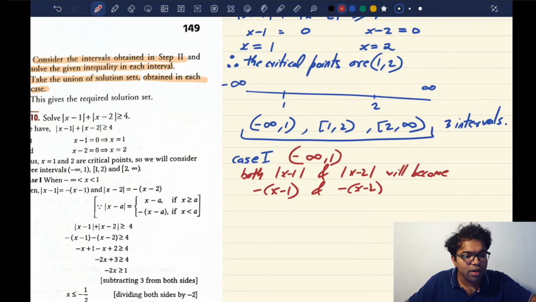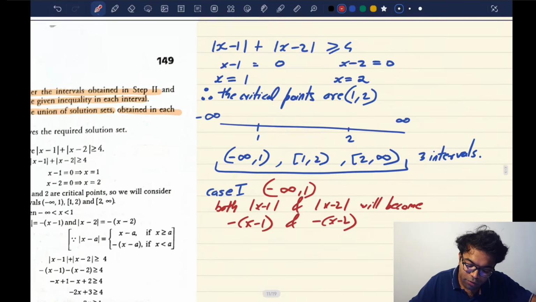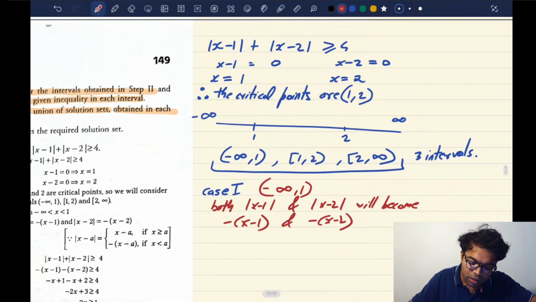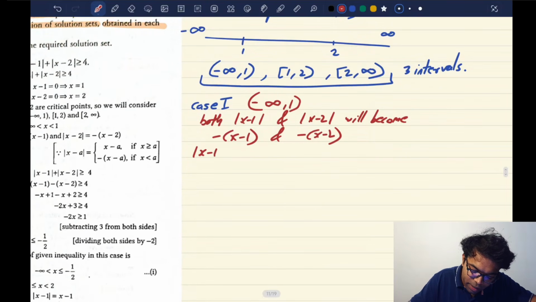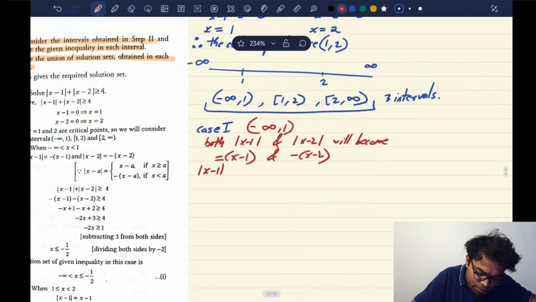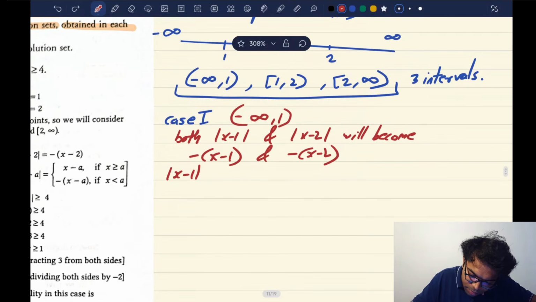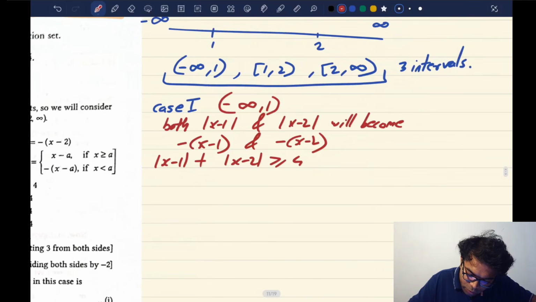Modulus of x is less than a if x is negative, then it becomes less. So what do we get here? We have to put this in the equation. Our original inequality is modulus of x minus 1 plus modulus of x minus 2 should be greater than or equal to 4.